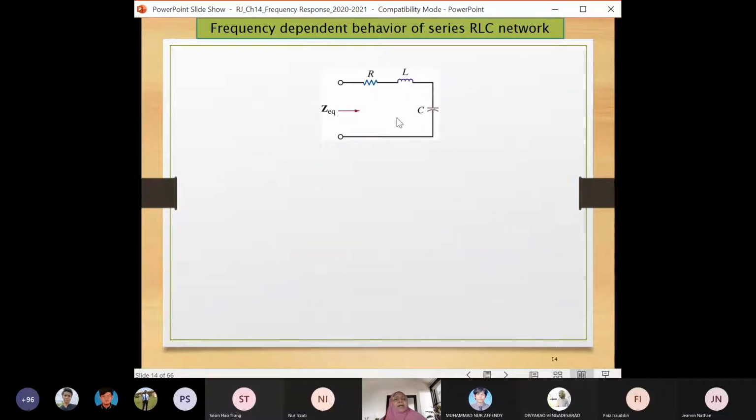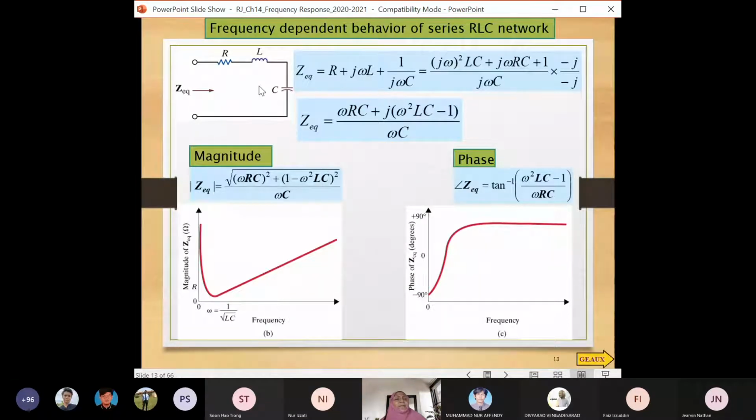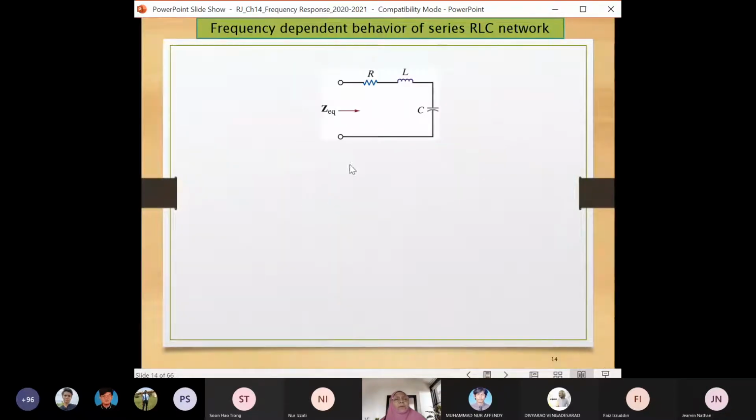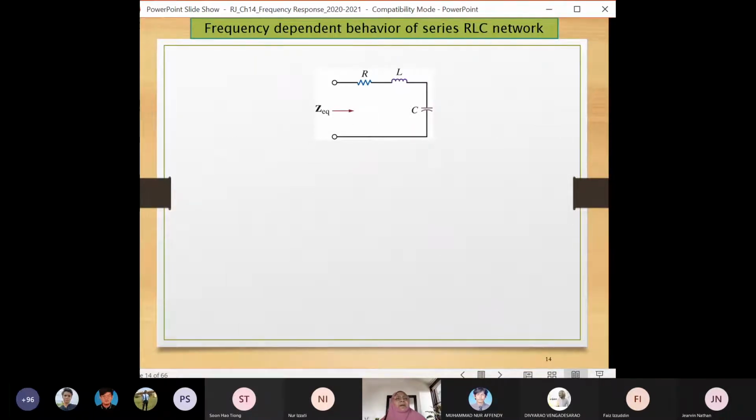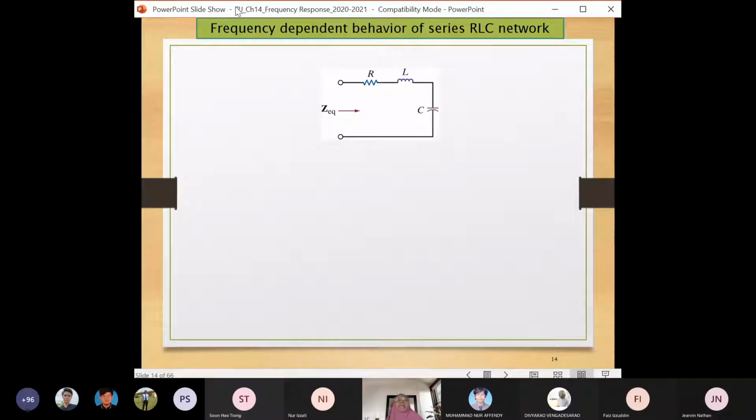If we observe specific components, this previous one, if you observe only the capacitor, the frequency dependent behavior of series RLC circuit, we have to differentiate the behavior of series RLC and parallel RLC.